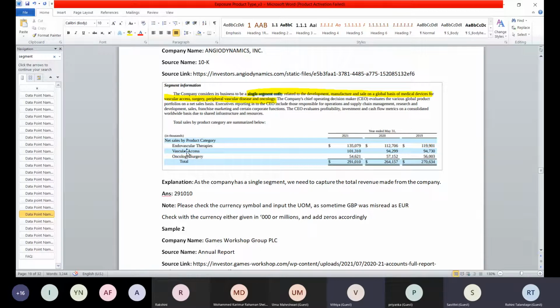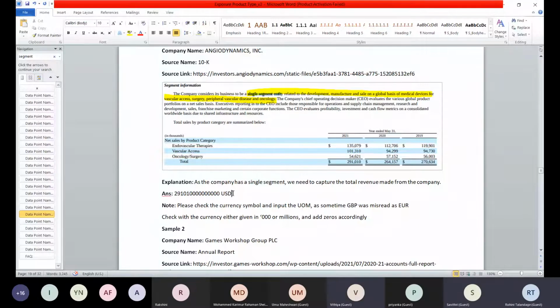Here they are saying it is in thousands, so we have to add three zeros. In case they are saying that it is in millions, you have to add six zeros. And if they are saying that it is in billions, you have to add nine zeros. And do not forget to add the currencies.